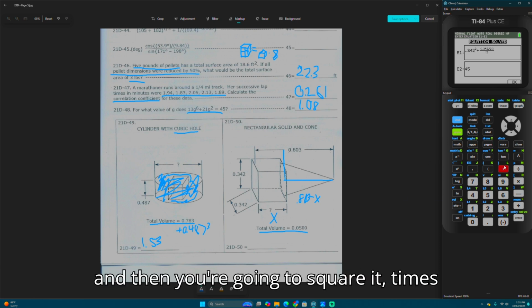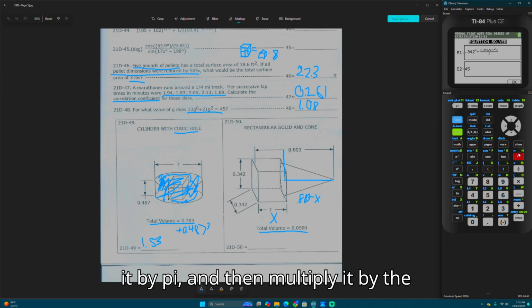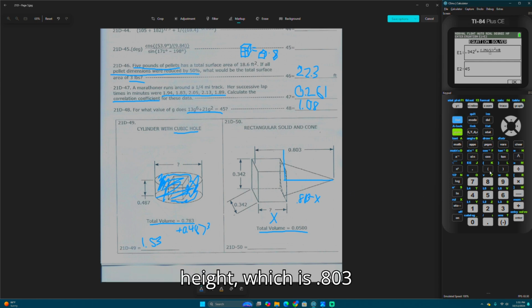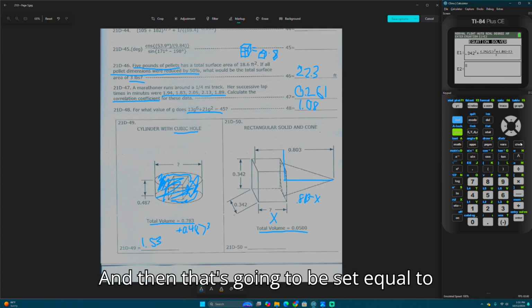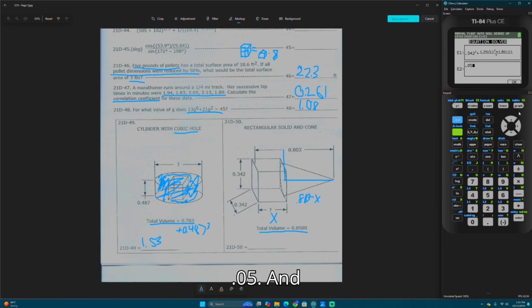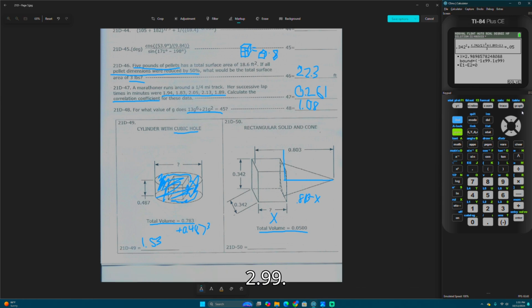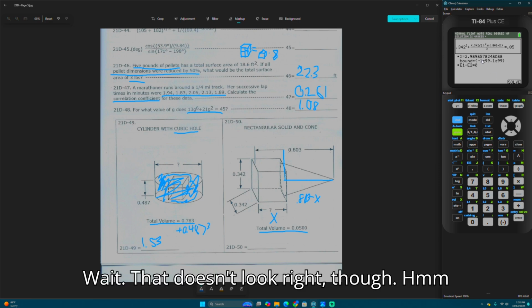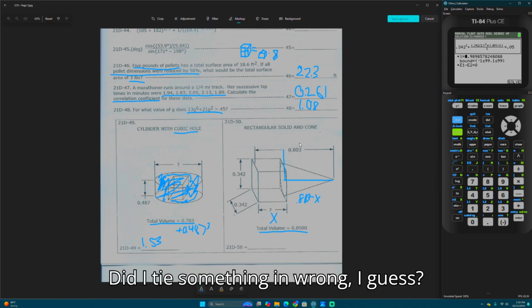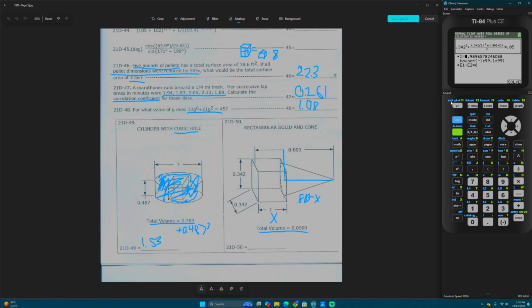Then you square it, times pi, and then multiply by the height, which is 0.803 minus x, all divided by 3. And then that's set equal to 0.05. You'll solve for your answer, which is 2.99. Wait, that doesn't look right though. Did I type something in wrong, I guess? Squared times pi.